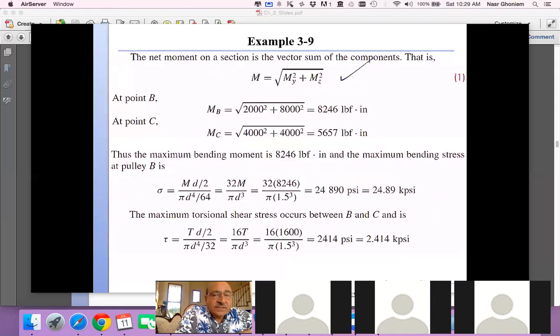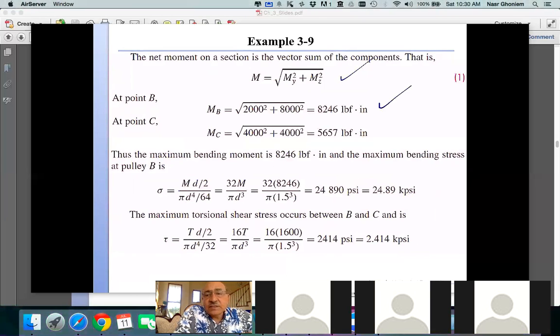Instead of doing it with the sum formula, if there's a round cross-section, we just use the vectors, and we find the resultant vector moment at B and the resultant moment at C. And we find that at B it is larger than C. So we base our design on finding the bending stress at B, MC over I, and that gives us 24.89 KSI.